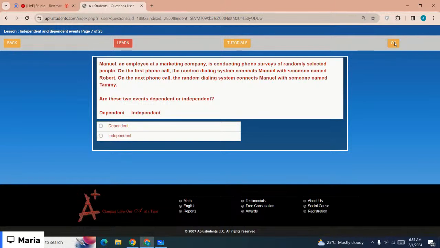Are these events independent or dependent? These two events are independent because they are calling randomly. So the correct option is independent events, right?